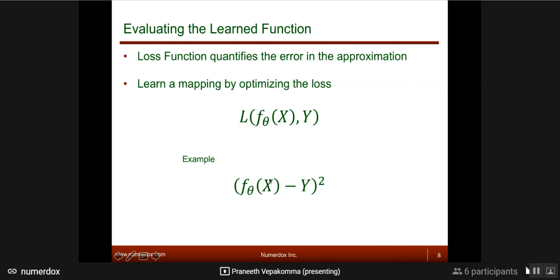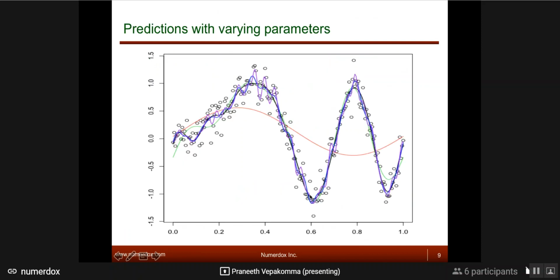Or like good data in and garbage out in terms of your prediction. It's not going to match the y's anyway. So your loss function needs to be evaluated with respect to the thetas. You need to choose the thetas or the betas such that your loss function is minimum. So your loss function is with respect to your unknown theta, because x and y are known anyway.